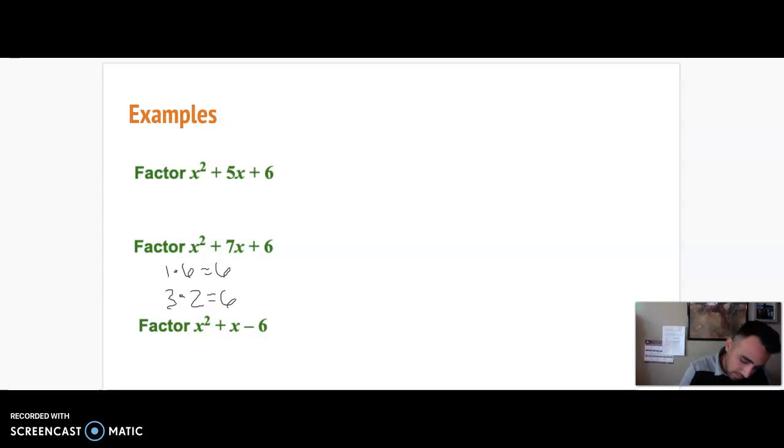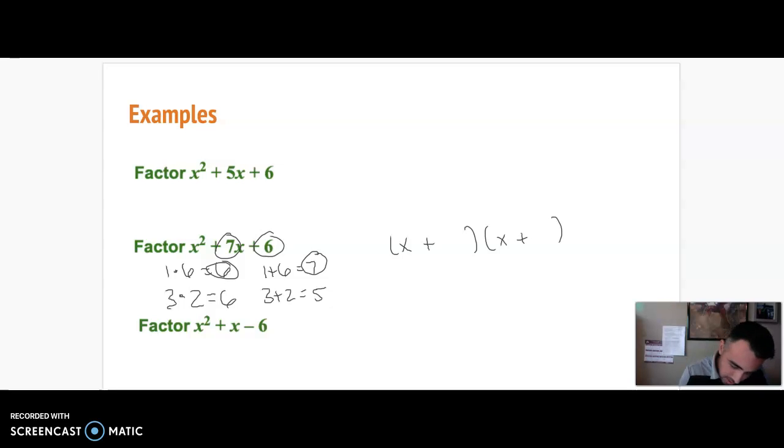For example, we have 1 plus 6 equals 7, and we have 3 plus 2 equals 5. So 1 and 6 are most likely going to be the terms that we are looking for. So we have x plus a number times x plus a number. Let's try 1 and 6.